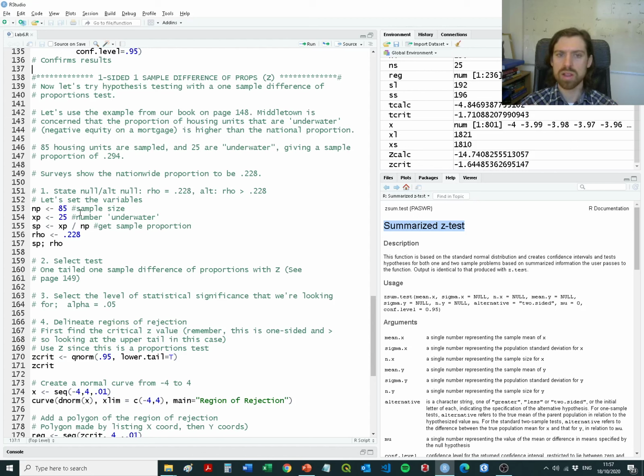So anyway, the point is that in this example, we're interested in looking at how many people may be termed underwater, so essentially having negative equity on their mortgage. And this actually, if you're a local city planner, or a decision maker at a local government department, is obviously a huge concern.